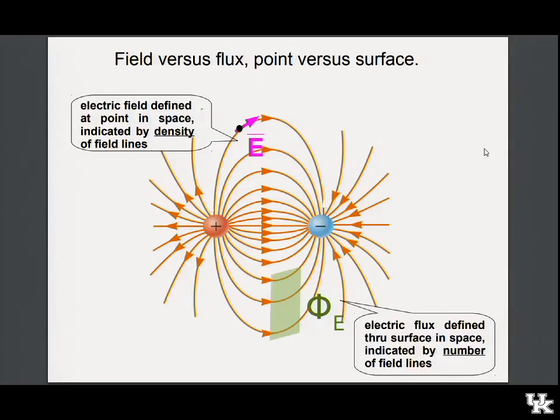It's in proportion to the number of field lines. So when you look at a sketch of electrical field lines, you can read that sketch for both the electrical field at a given point, in terms of the density or how closely packed the field lines are, and the flux, how many field lines go through a surface.